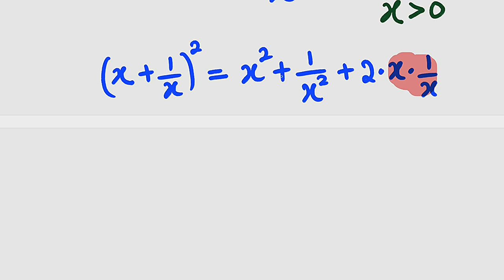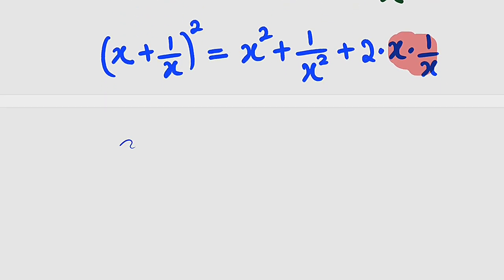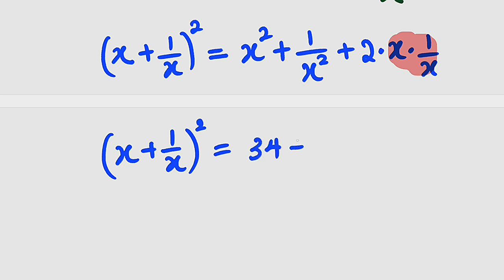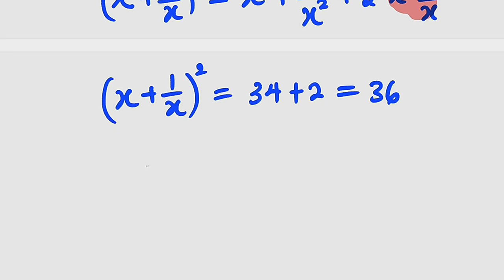But we know that x squared plus 1 divided by x squared is given as what? 34. So we are going to replace it with 34. So therefore, x plus 1 divided by x whole squared is equal to 34 plus 2, which is 36, right? So to find x plus 1 divided by x, we can take the square root of both sides.